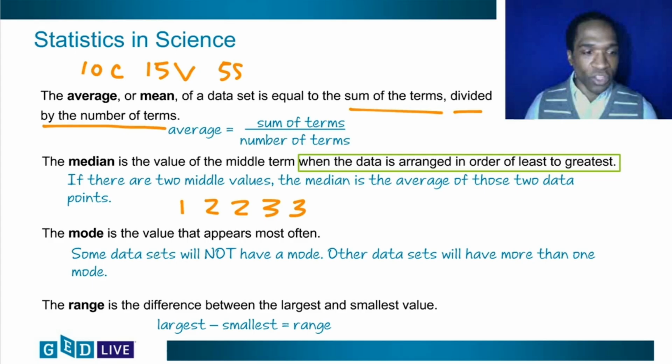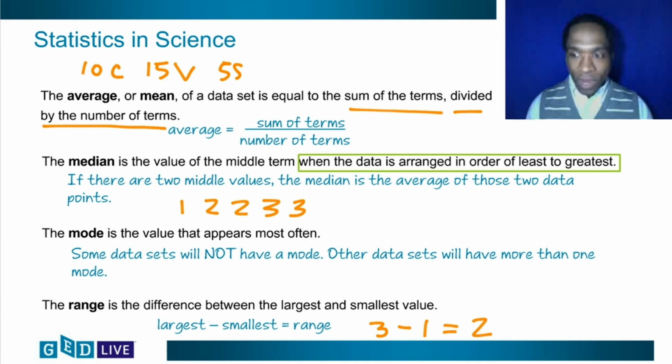Well, it would be the largest term, which is 3, minus the smallest term, which is 1, and that would mean the range is 2. So as you can see, range tells us how far apart the beginning and the end of a list are. Now, let's take a look at all of these terms together for one example set of numbers.